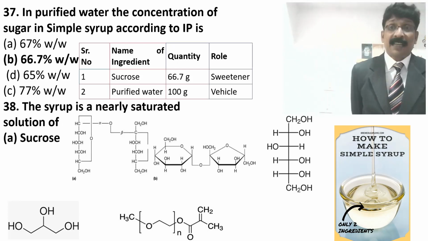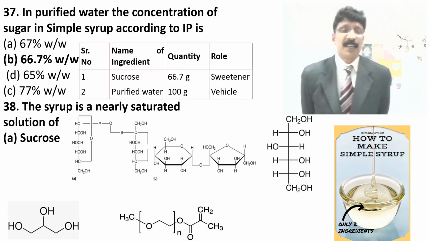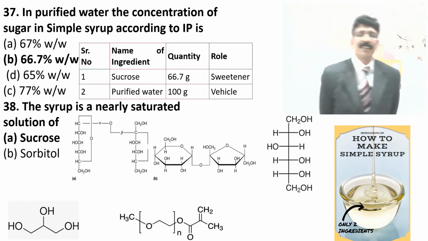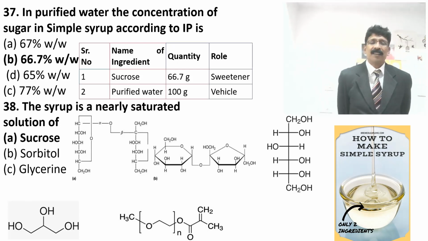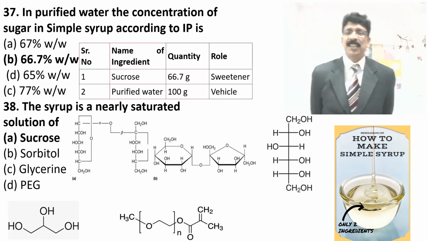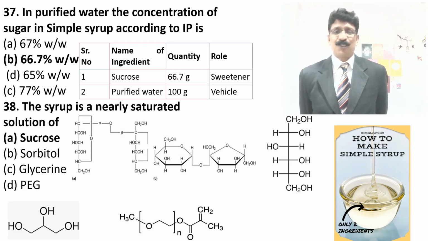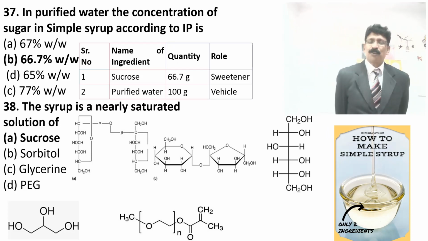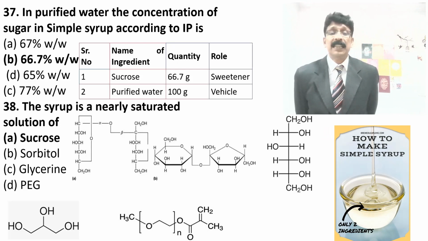A syrup means a saturated solution of what? Whether it is sucrose, sorbitol, glycerin or polyethylene glycol, PEG. It's sucrose. Everybody knows syrup is made up of sucrose. That's why I just showed the structure of sucrose.